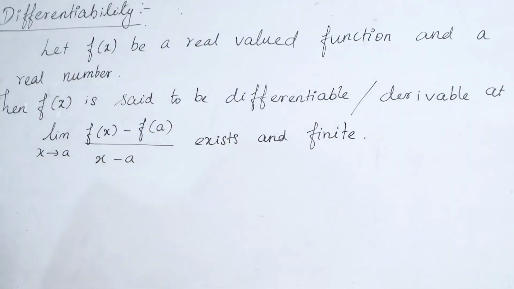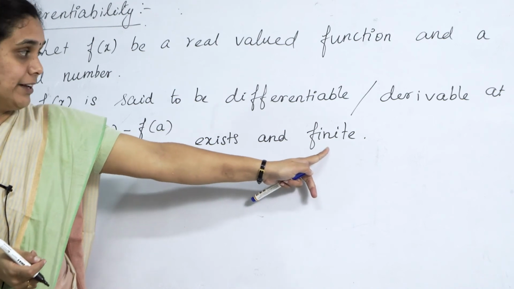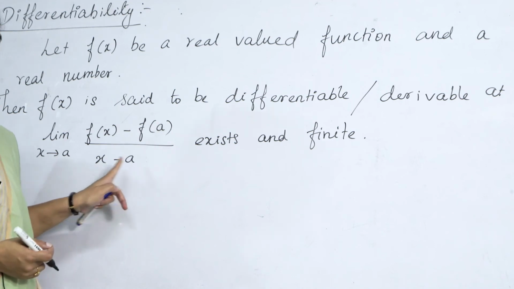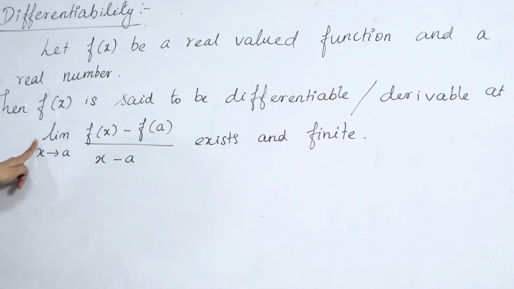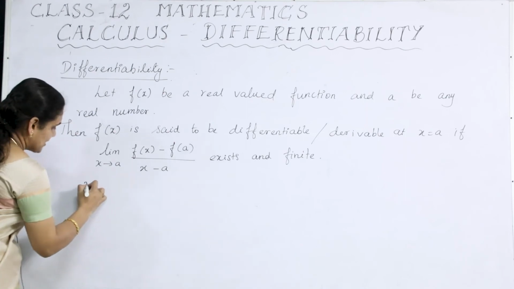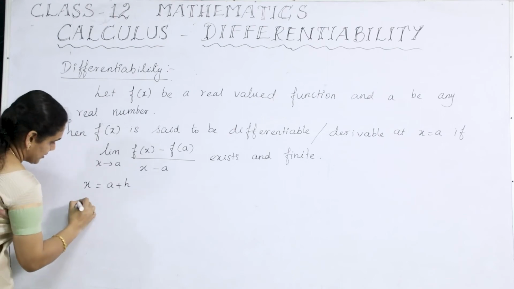It should not give us an indeterminate form. It should be existing, and also we should have finite. So the limit x tends to a, (f(x) minus f(a)) by (x minus a). When we have limit, of course we will have the right side and left side limit also. So if you put x equal to a plus h, you will get the right limit.